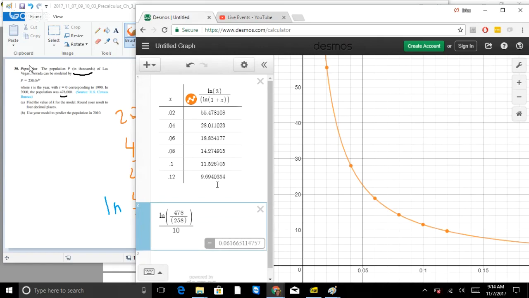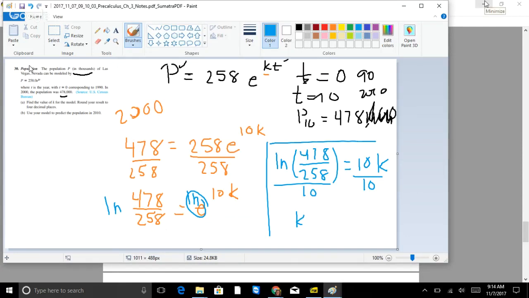All right, so I get that my constant is 0.0617. That's my constant k. So now I know my model, what the value of k is.